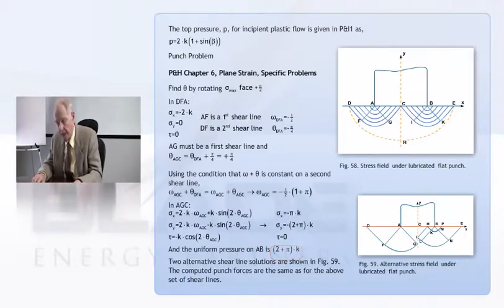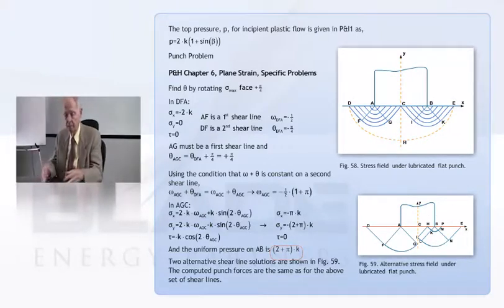K is the shear yield point. And so we've got a pressure that's about 5 times the shear yield point. And you would expect it to be pretty big because you're pushing into a semi-infinite solid.